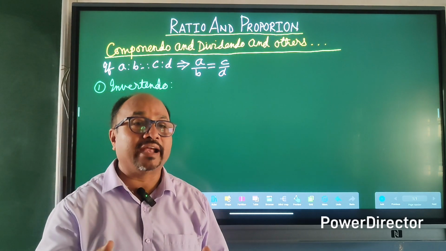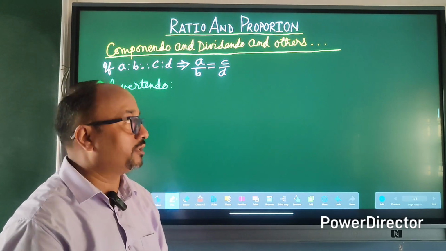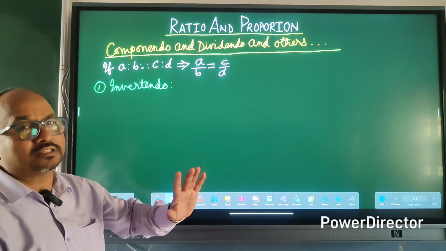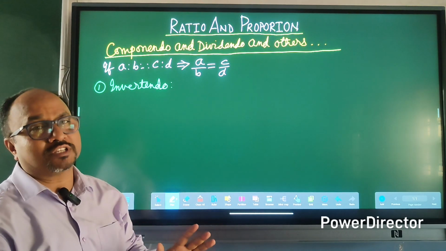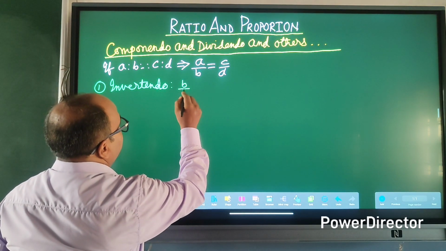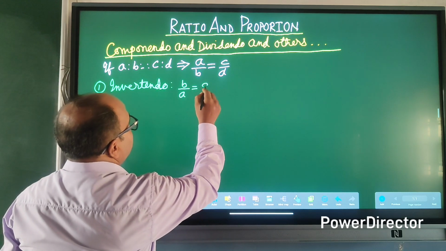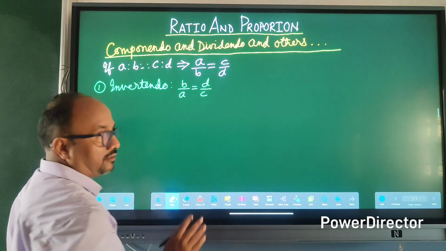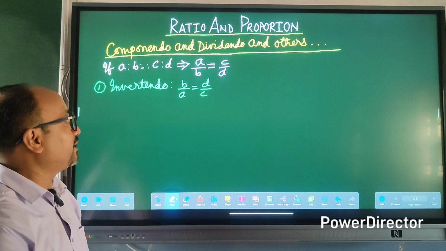It is like writing the reciprocal of the proportion. So if I take A by B equals C by D, invertendo here will become B by A equals D by C. So this is what is invertendo.